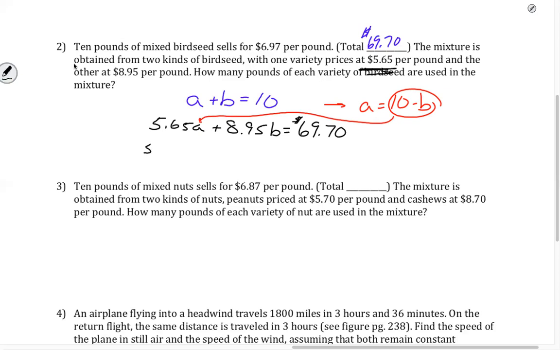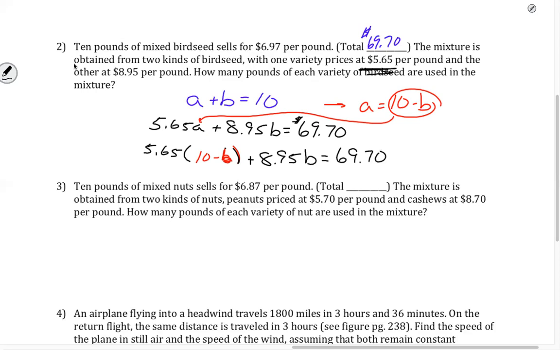And I would get 565 times 10 minus B, plus 895B equals 6970.